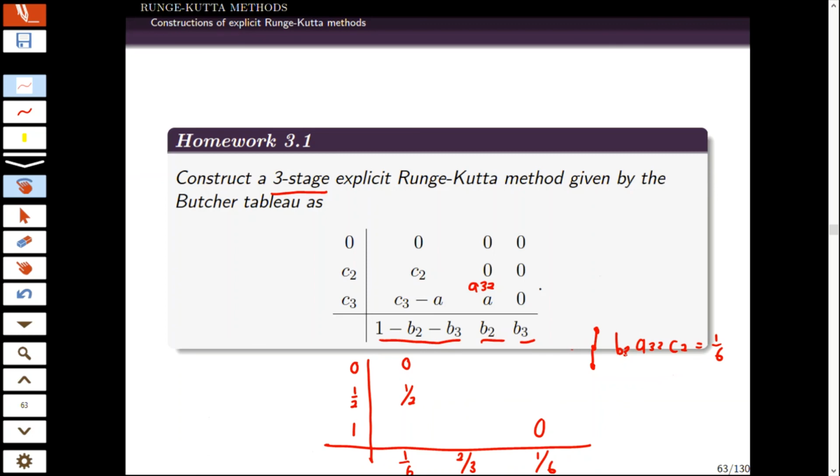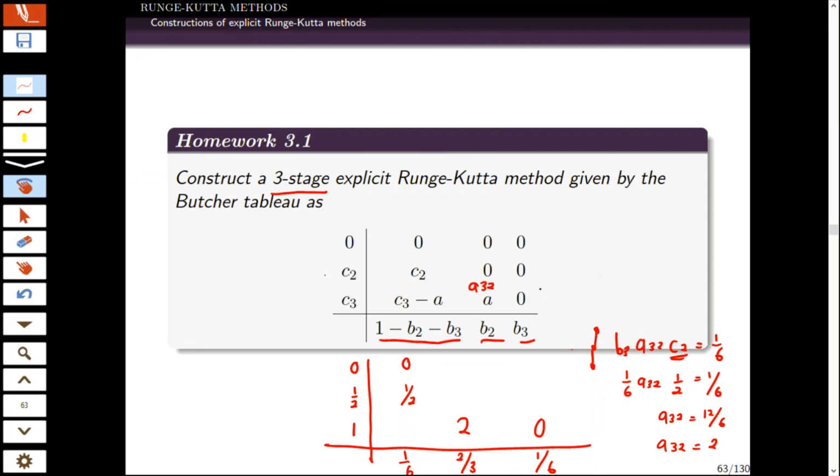So I know what B3 is, so I have 1/6 times A32 times C2, which is half, equal to 1/6. So what do I have here? 1/12. So A32 times 1/12 equals 1/6, so bring it here, it will be 12/6. So A32 equals 2. So I have 2 here.